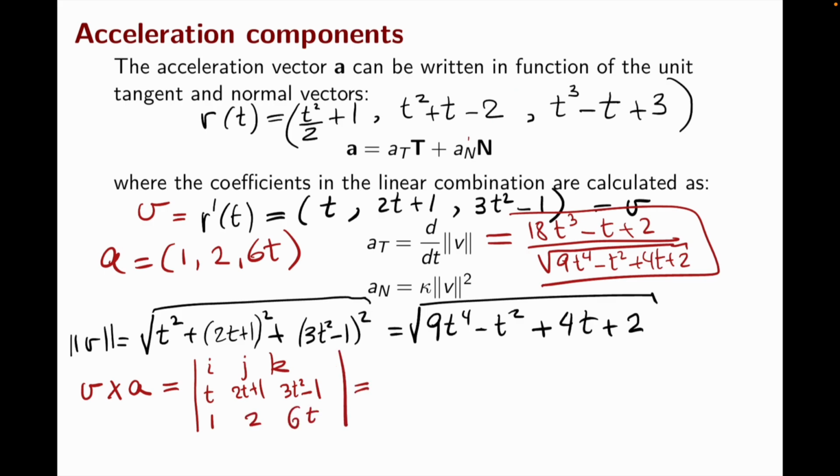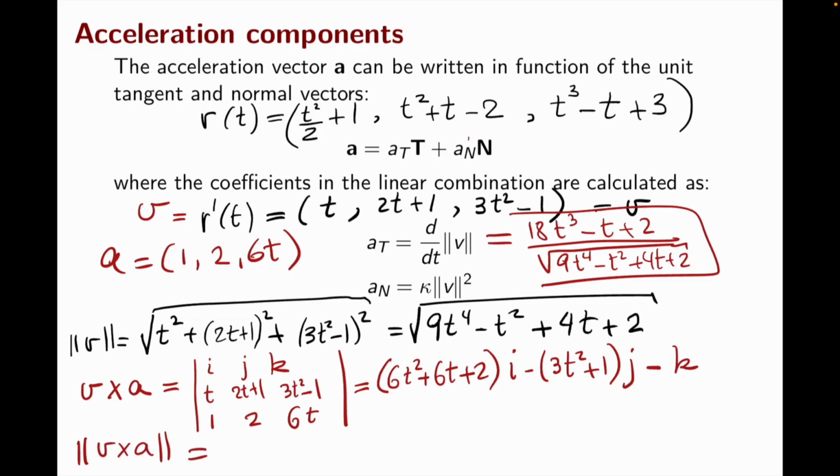We do this determinant, and we get this times i, minus 3t squared plus 1 in the second component, and minus just 1. Okay. So this is the cross product, and then we need to calculate the norm of the cross product.